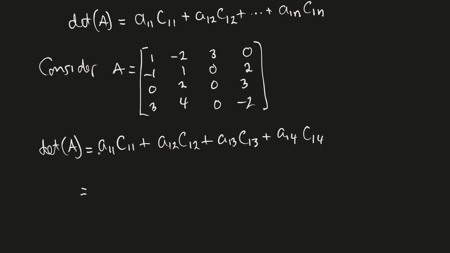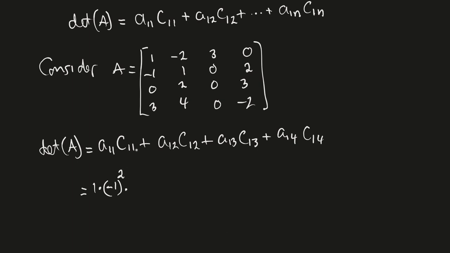So A11 is 1, so let's put a 1 there. Now C11 is -1 to the power i plus j, so add the i and j values.